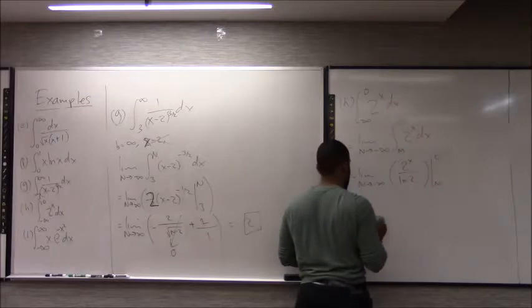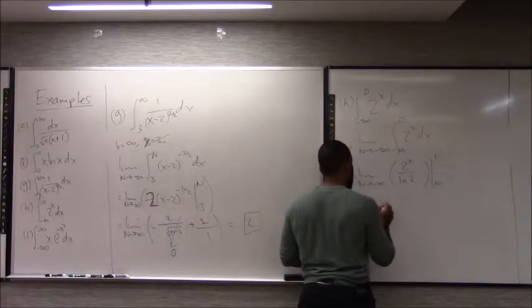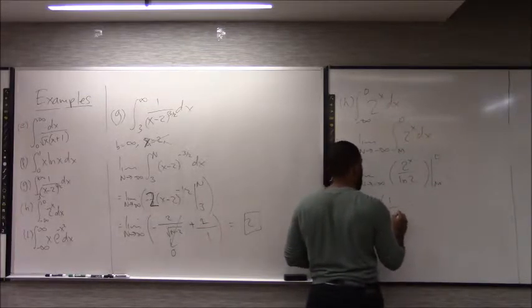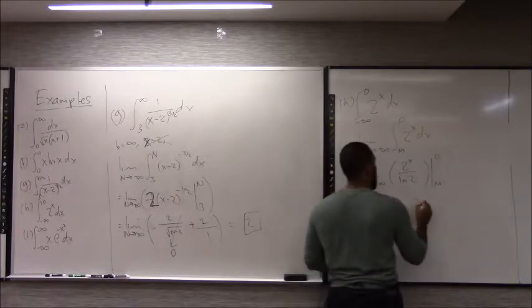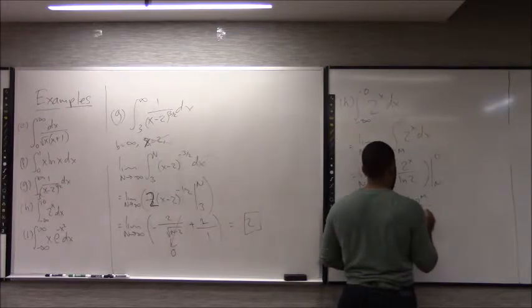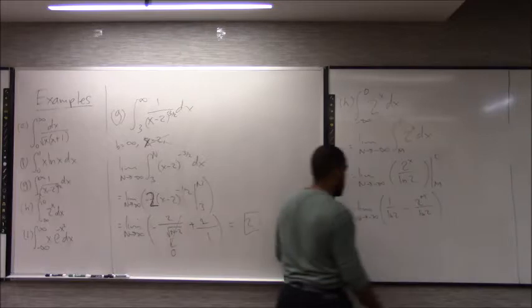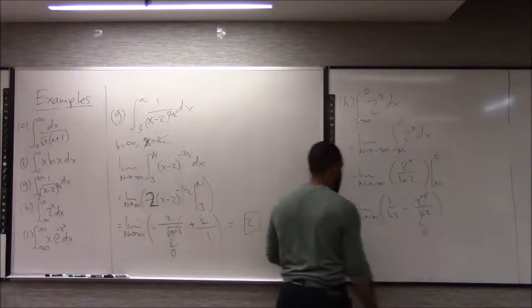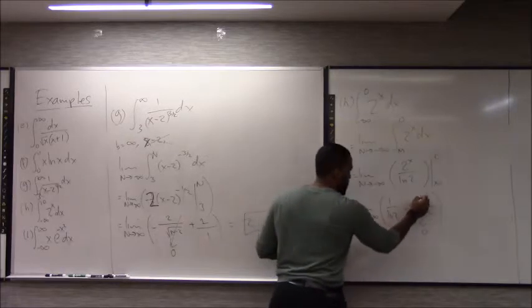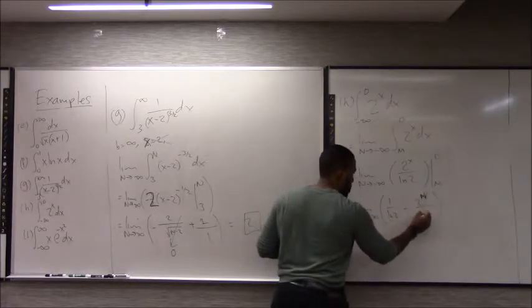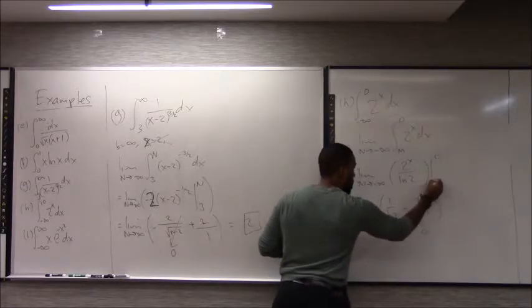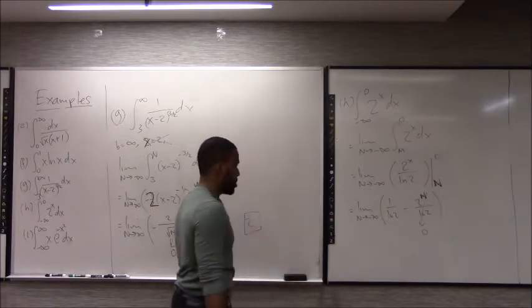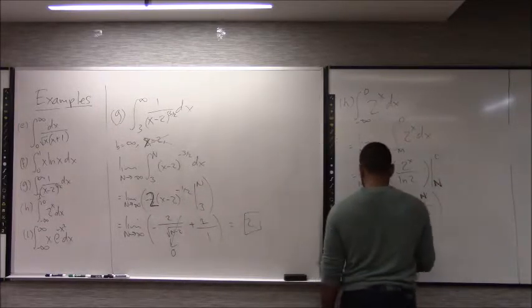You guys need to remember that. Plug in 0, we get 1 over ln2, minus plugging in m, I get 2 to the m over ln2. As m goes off to negative infinity, this goes off to 0, because 2 to the negative infinity goes to 0, so this gives you 1 over ln2.